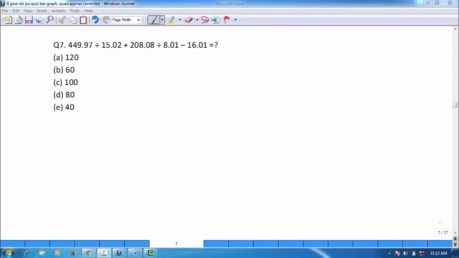Question number 7. 449.97 divided by 15.02 plus 208.08 divided by 8.01 minus 16.01 is equal to question mark. So we can also write it as 450 divided by 15 plus 208 divided by 8 minus 16.